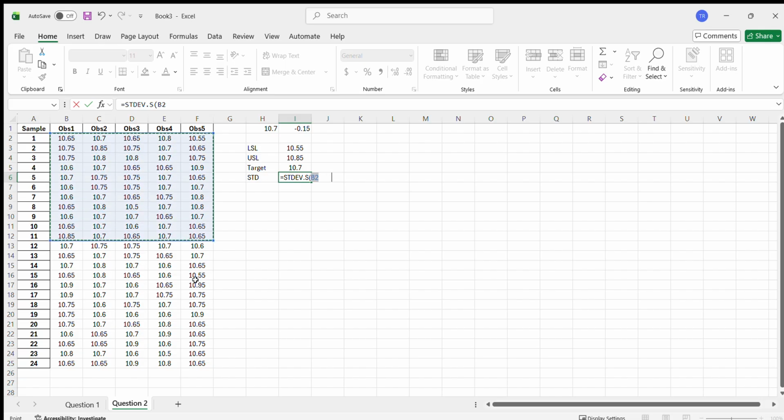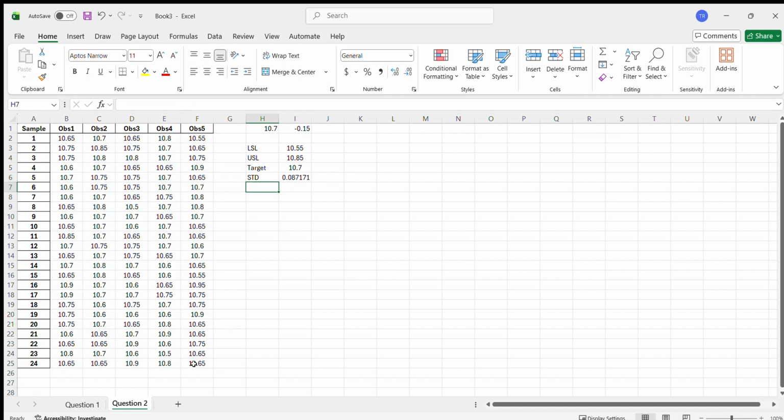We're going to do this on the entire sample area. I'm going to hit enter, and we'll trim that number down a little bit. 0.87. We'll go from there.